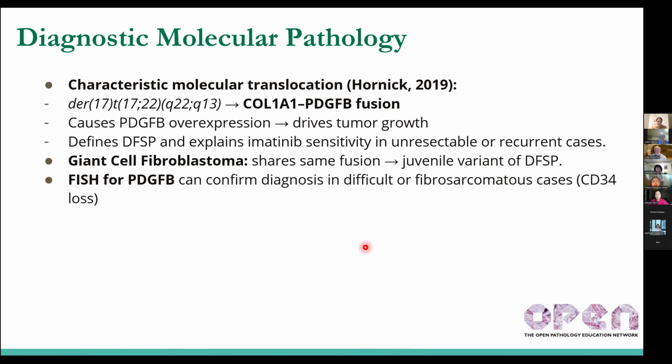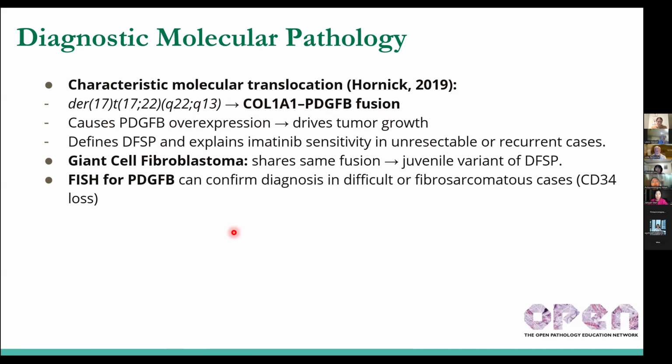DFSP has a characteristic molecular translocation. This molecular translocation creates a COL1A1-PDGFB fusion, which causes PDGFB overexpression and drives tumor growth. This molecular translocation defines DFSP and explains imatinib sensitivity in unresectable or recurrent cases.